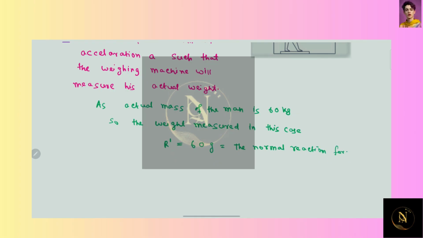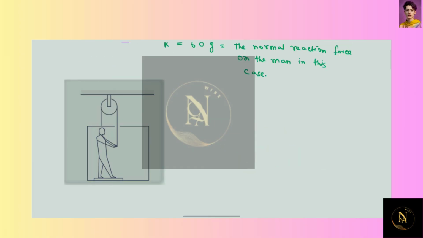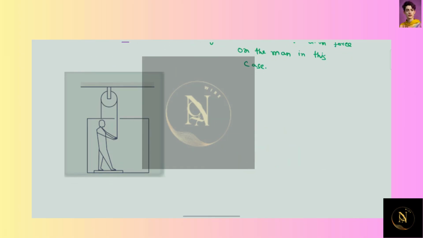Okay, then in this case the different forces acting on the system are: on the string the tension force is T prime as a new force, and the normal reaction force on the man is R prime, which is 60g, that I have noted already. On the box the tension force in the opposite direction is again T prime.